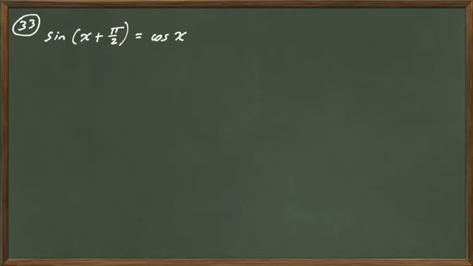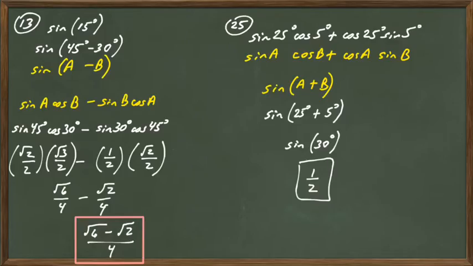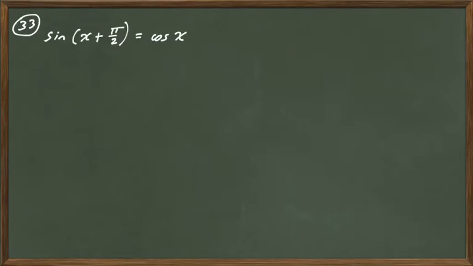Okay, after 25, we're going to attempt to verify 33. I'm going to use the same identity that I think I was using before. Do I know what sine of A plus B is? Well, it would be sine A, cosine B, same sign, so it's a plus, then the other way around, sine of B, cosine of A. So I'm going to fill this in.